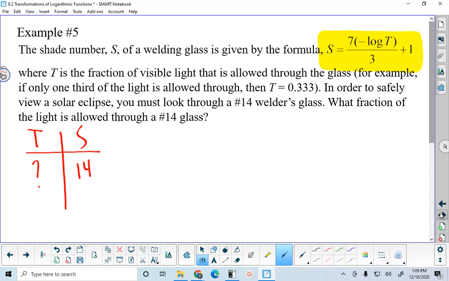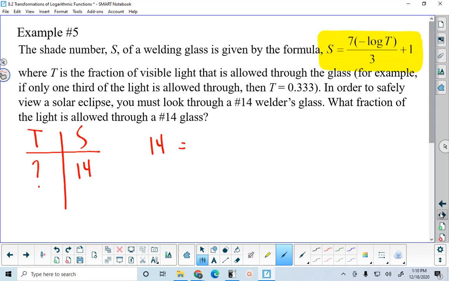And T represents the proportion of light that goes through the welding glass. So as I'm saying in the example, if T is 0.333, it only allows 1/3 of the light through. Bottom line is we're going to use this formula. We're going to put 14 in for S.